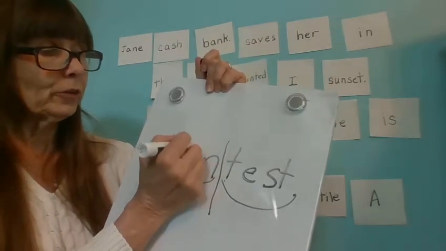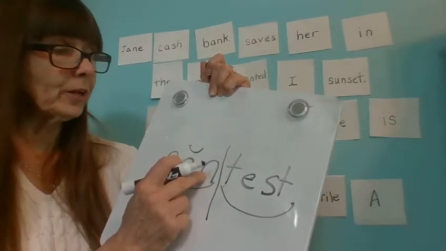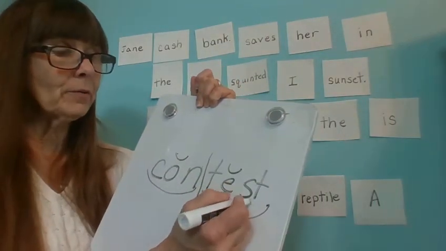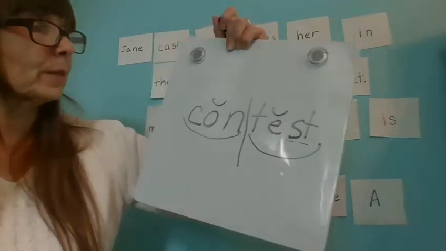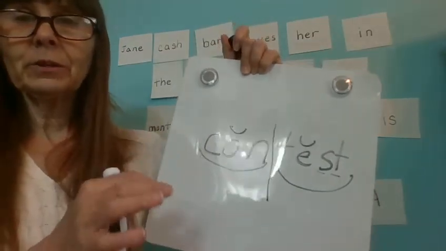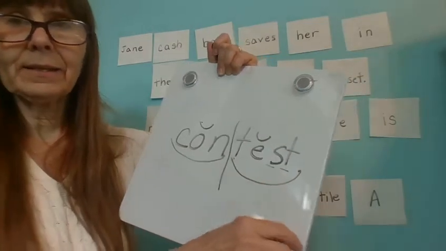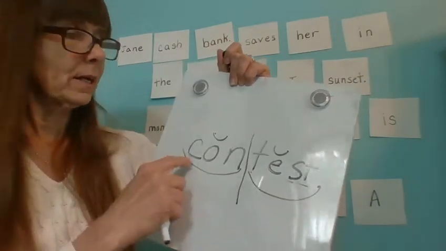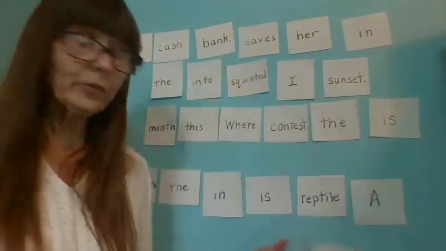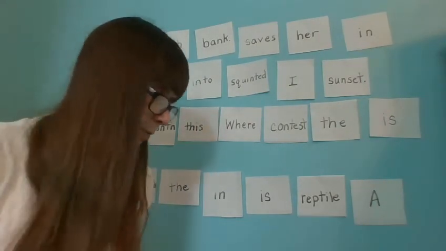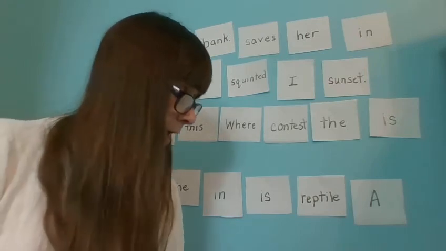This is closed because there's a consonant after the vowel. This is closed because there's a consonant after the vowel, and this is actually a blend. So let's try and tap it out. Contest. So that's the word contest. If we say it kind of quickly, the way we would typically do when we're talking, contest.